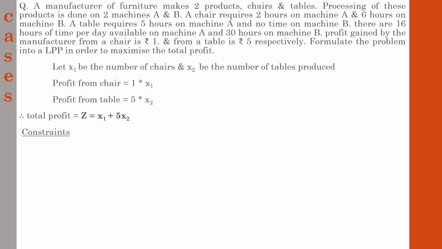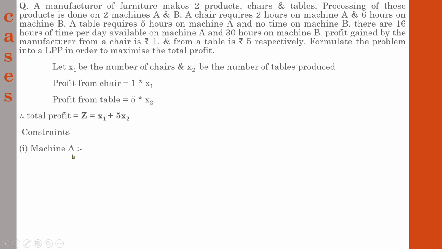So on the basis of that information you have to prepare constraints, because in order to earn the profit we need to produce the goods. How are we going to produce? By using the machines. So that is the factor that has to be considered. So they are known as constraints, because without that machine the product cannot be produced. So information related to using those machines is representing constraints.